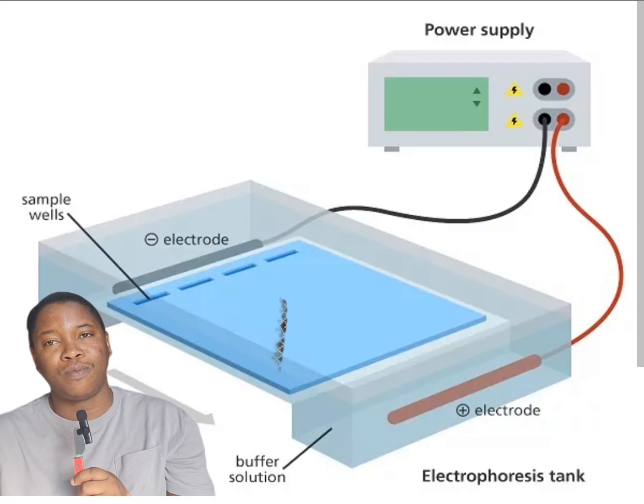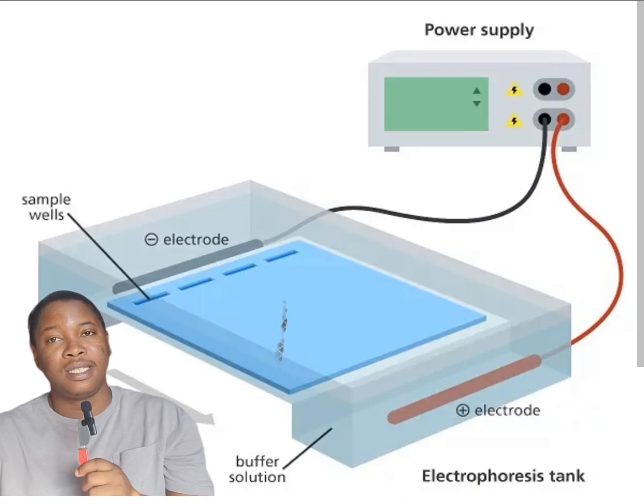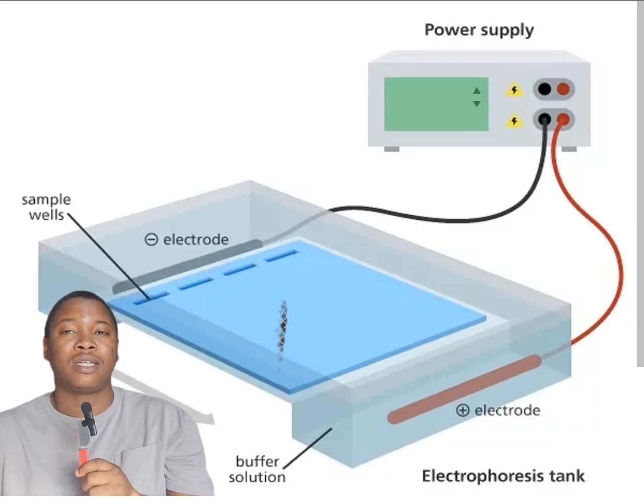Because when you have this process taking place, the positive molecules will move towards the negative electrode, which is the cathode, and the negative molecules will move towards the positive electrode, which is the anode.